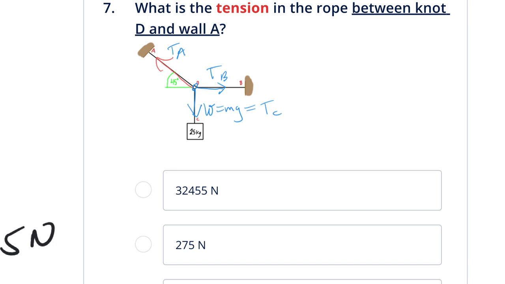Well, first break that up in X and Y pieces. Here's the Y, three-finger rule. So here's TAY, and then here's tension A, X component. So there's the Y component of what I'm looking for, and here's the X component.